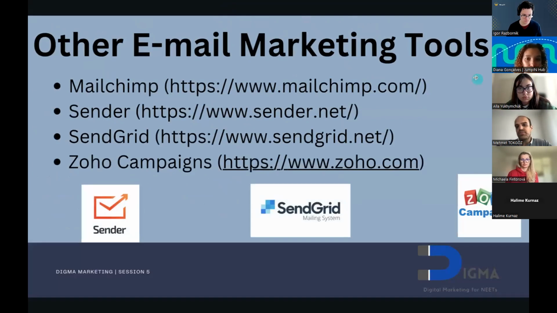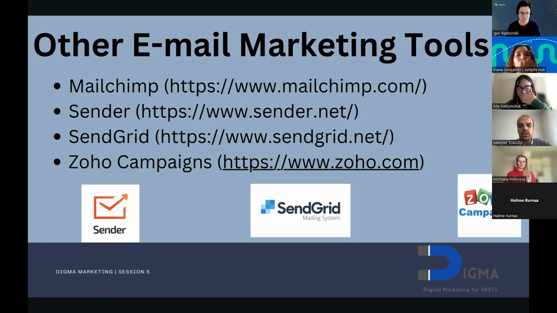Of course, this is not the only one. There are also other email marketing tools. Some of them have free versions, some are paid only. MailChimp is another one, the one with the monkey logo you see at the beginning. Sender, SendGrid or Zoho Campaigns are some other email marketing tools you can choose.